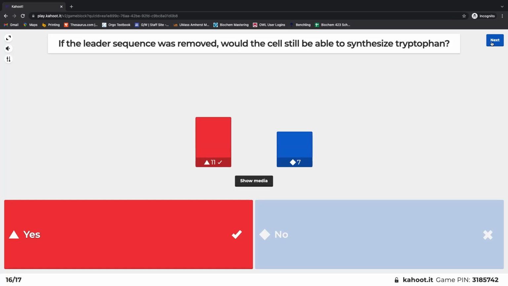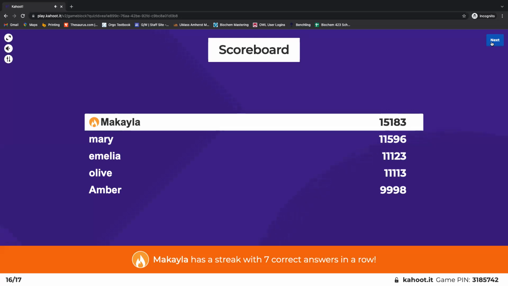It's just that now attenuation would no longer control the trp operon. Does everyone know what the leader sequence is? It's a sequence prior to the genes. It contains 1, 2, 3, and 4, and it contains the attenuation sequence.